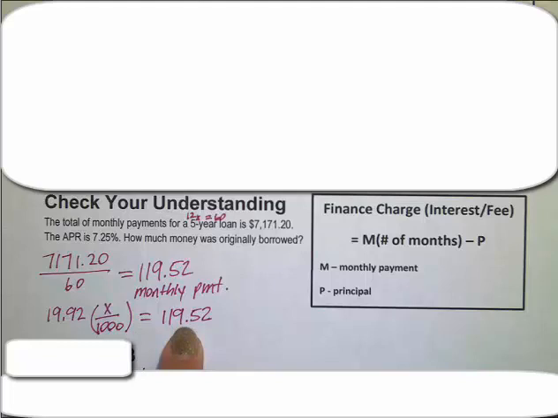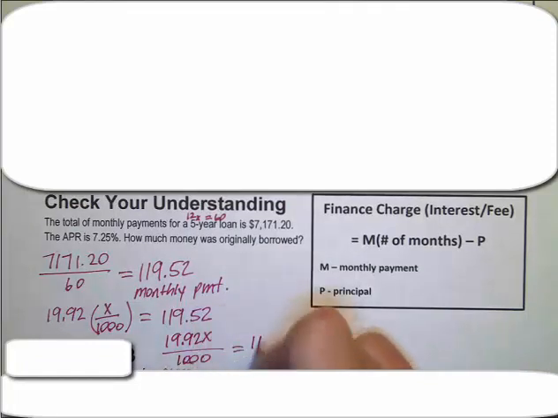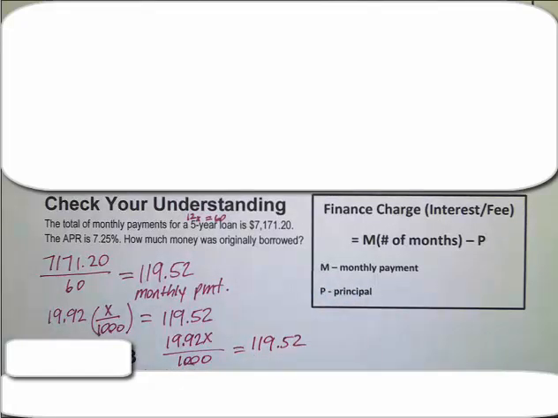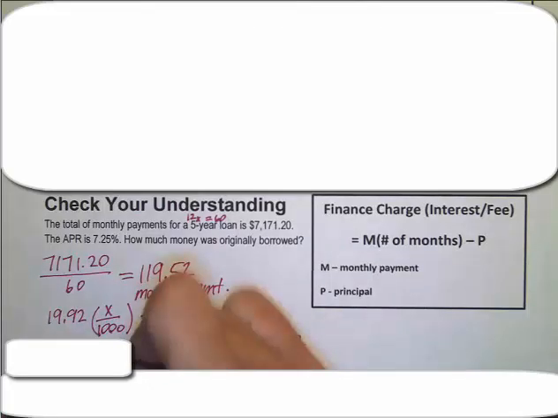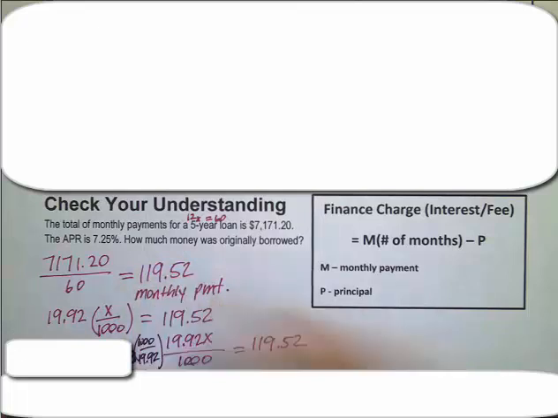So how do we solve? Well, we can do the math over here. So we have 19.92x over 1,000 equals 119.52. So in order to get rid of that, we're going to use the reciprocal. So we're going to do 1,000 over 19.92, and they end up canceling.